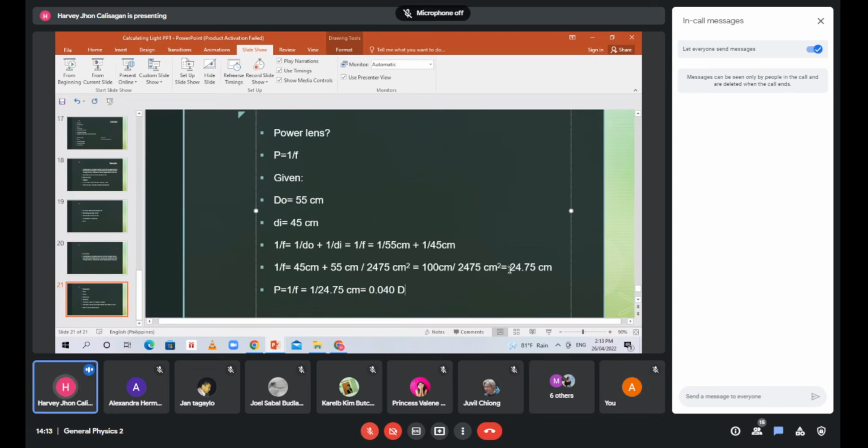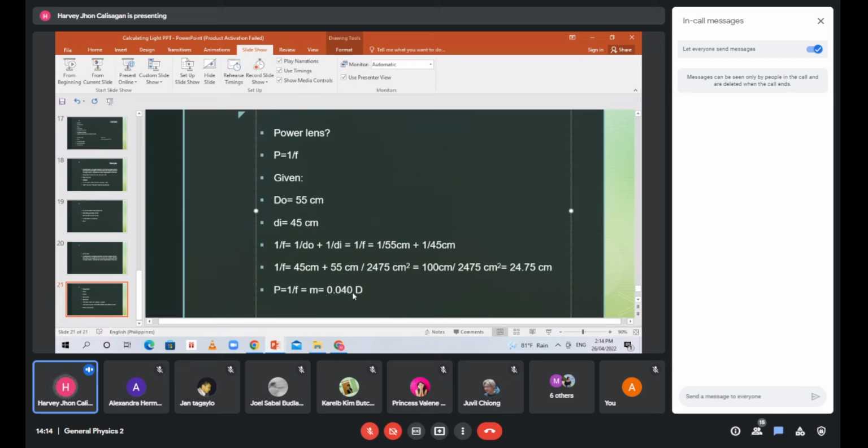You can actually convert that if you wanted to. Okay, let's convert this to meter. Thank you so much for that, Philip. Let's try to change this one from centimeter to meter.